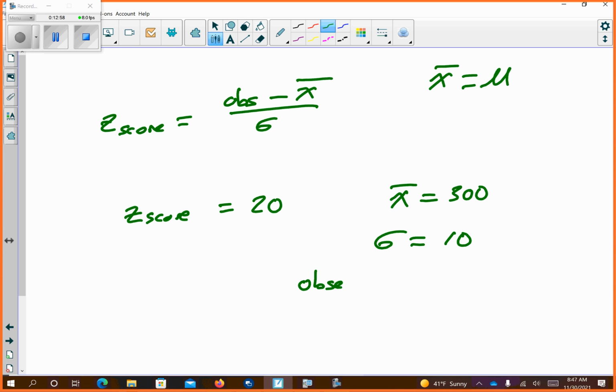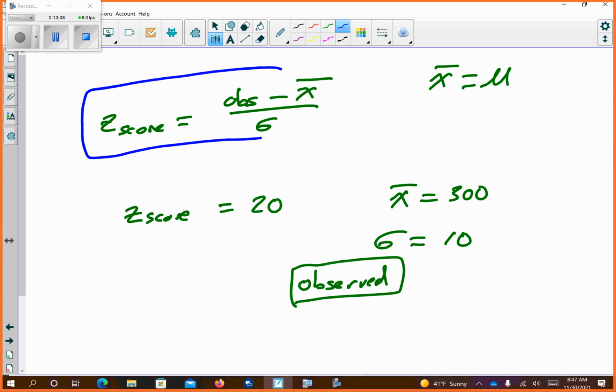How would you solve for your observed value? How would I do this according to this information? What do you think? Yeah. What am I looking for? The observed. This is my unknown.